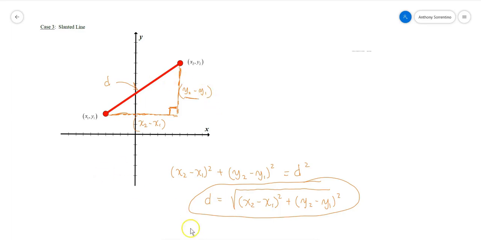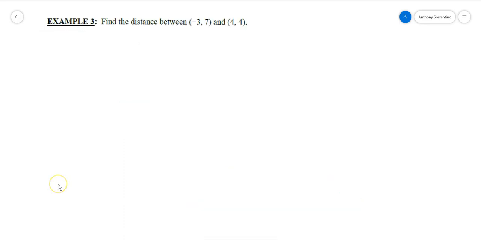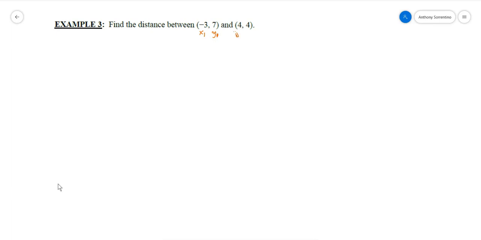So what I would do in the case of, say, for instance, example 3, is I would define, again, the assignment of which are the x1s and which are the x2s and so forth is rather arbitrary, because in the end, even for the distance formula, you don't have the absolute values involved, but you are squaring them. And so if you square a positive or a negative, it ends up becoming a positive value anyway.